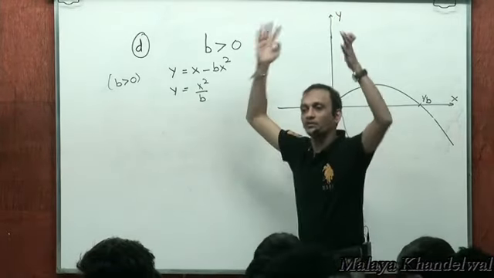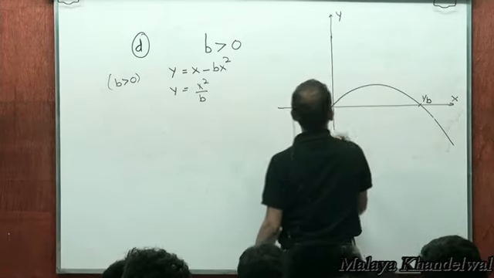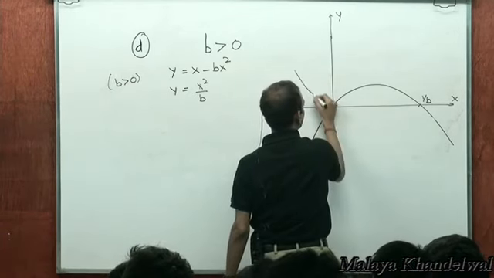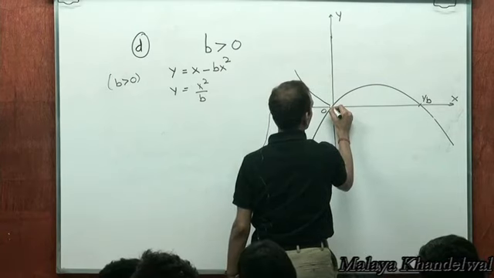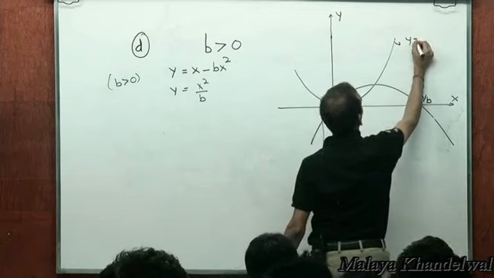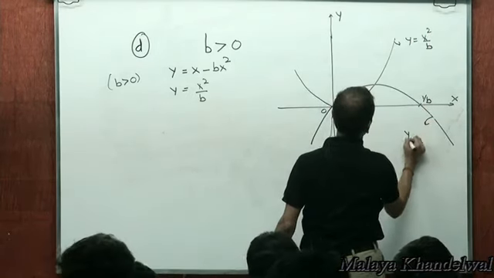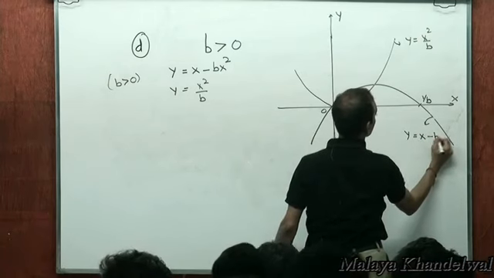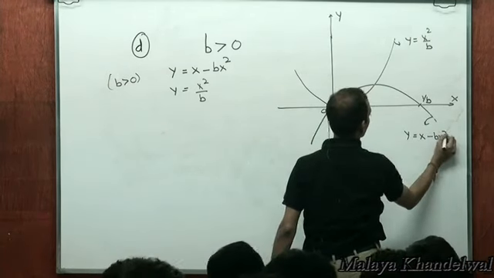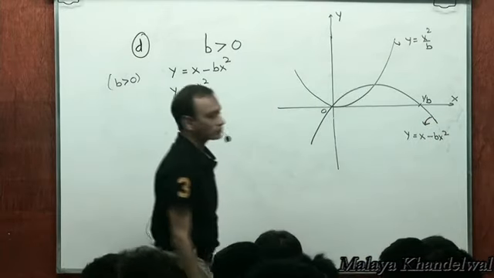This is a typical upward opening parabola, y equal to x square by b. This is y equal to x minus bx square.